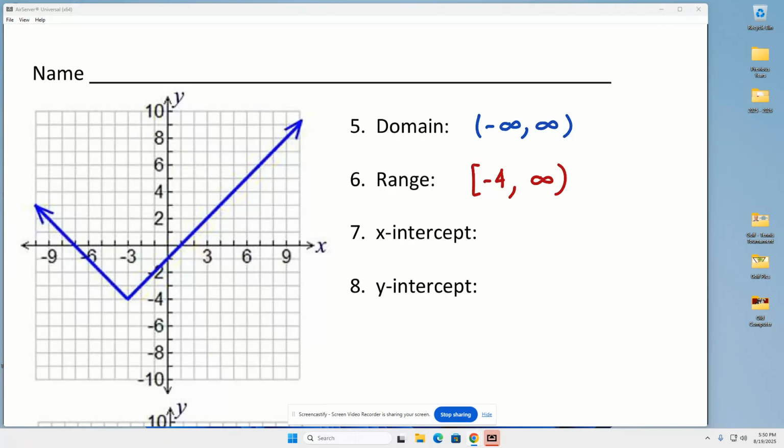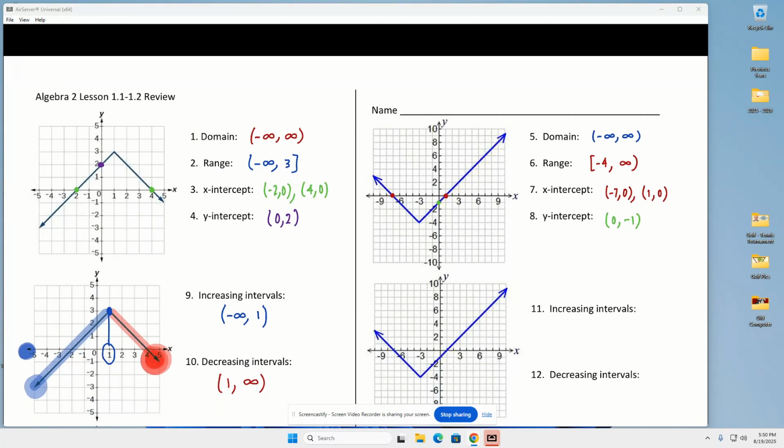Okay? So there's your domain and range. Of course, x-intercept's real simple. That point is -7, 0. And this point right here is 1, 0. And your y-intercept is right here at 0, -1. Very simple. Okay, I expect you guys can do domain, range, x-intercept, y-intercept without any real problems.